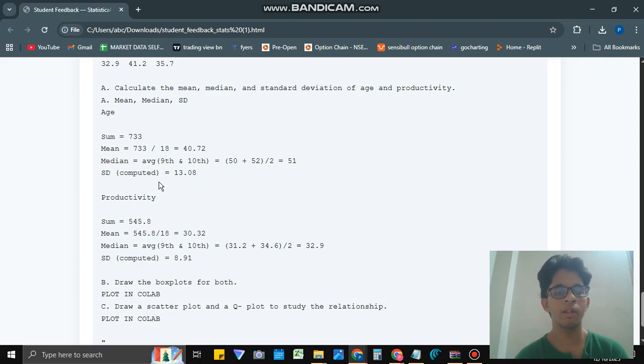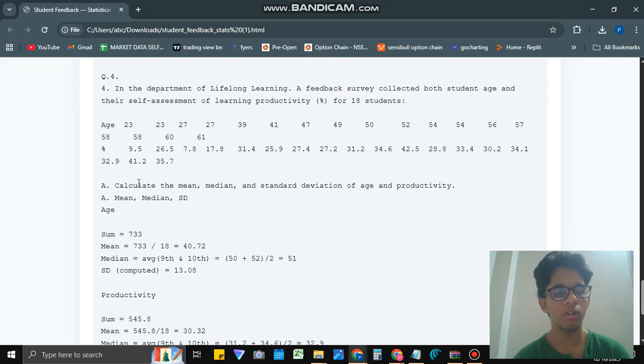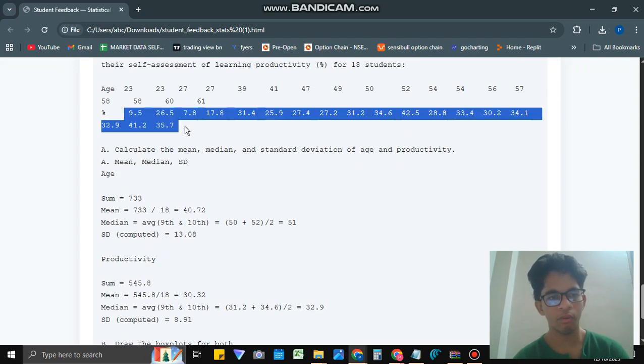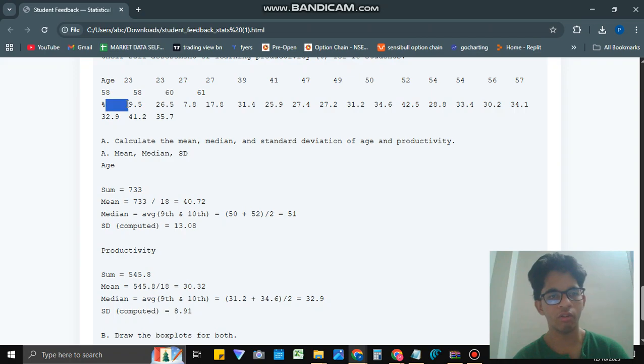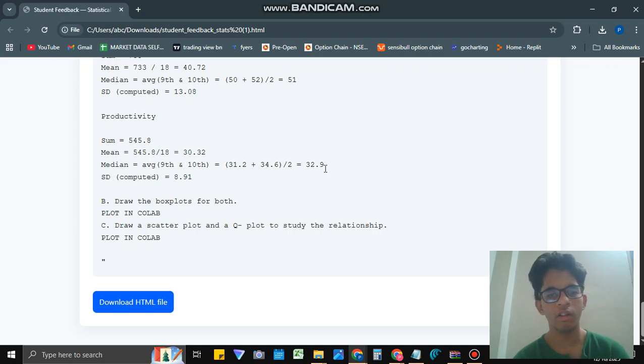It will be computed and the answer will be 13.08. Same for the productivity percentage column, the percentage column over here. If we calculate similarly, we get 30.32, 32.9 and 8.91 as the mean, median and standard deviation respectively.